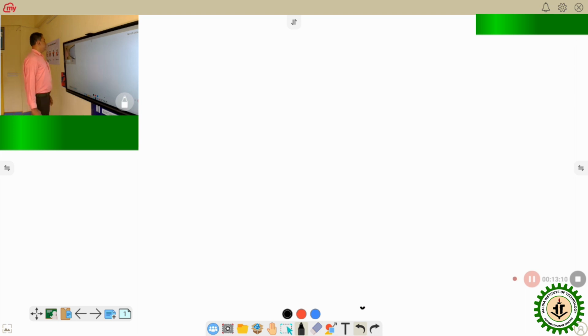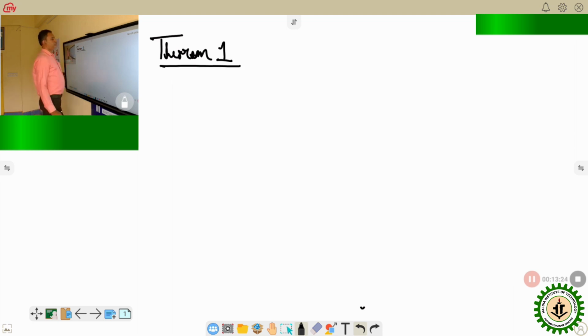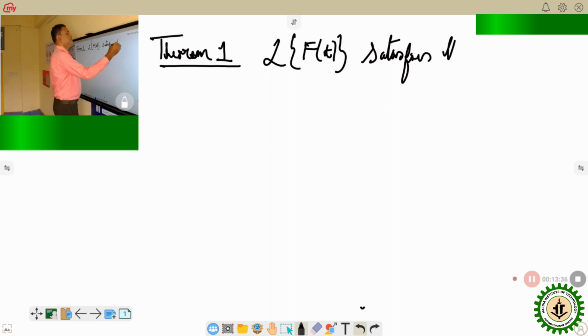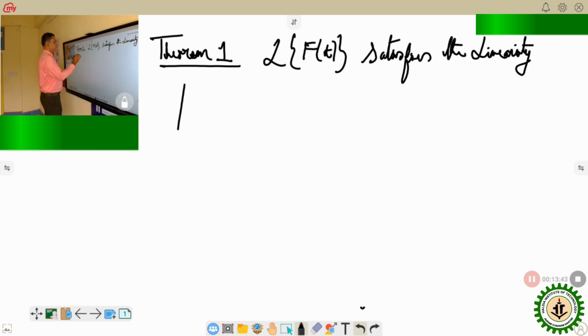For that we will actually write a theorem. Laplace transform of f(t) satisfies the linearity property.